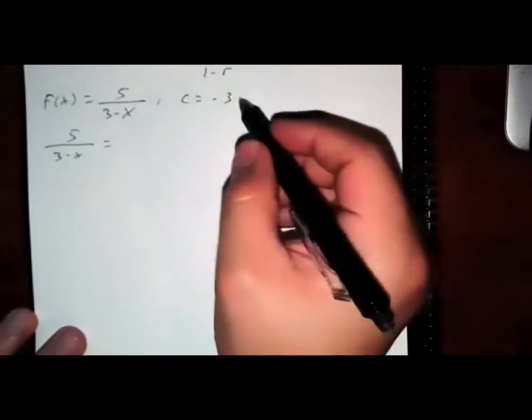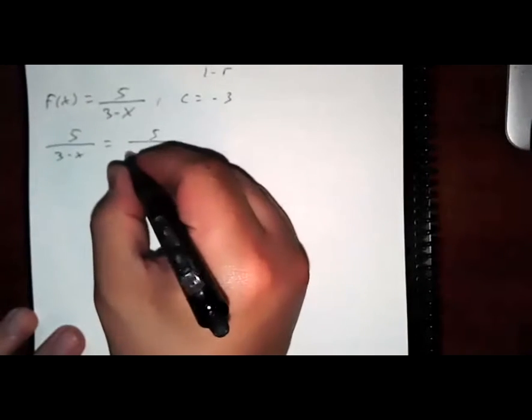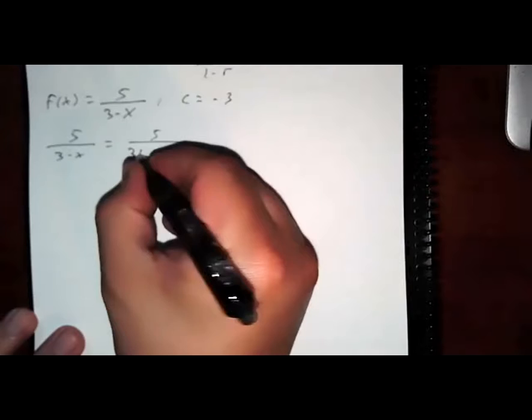Okay, so I need to center it, so I need to add 3. But since it's negative, I'm going to subtract 3. So this is what I'm going to do. I'm going to add 3 minus 3.